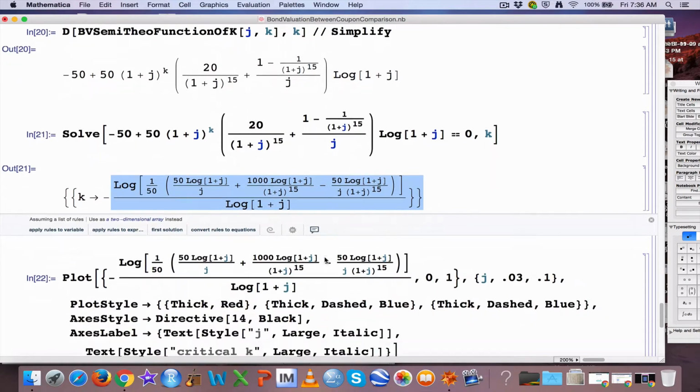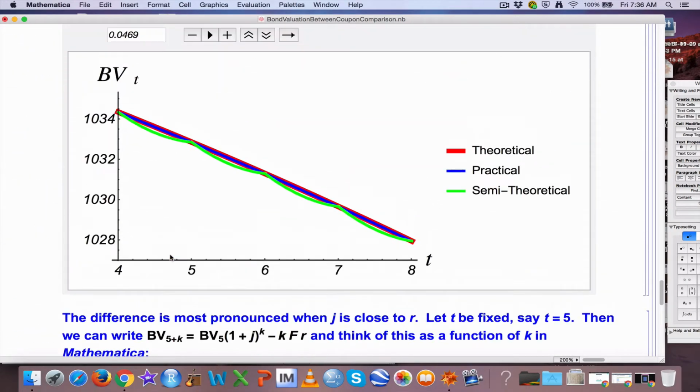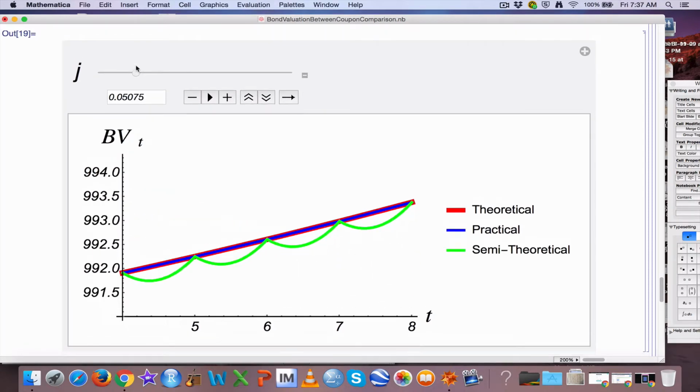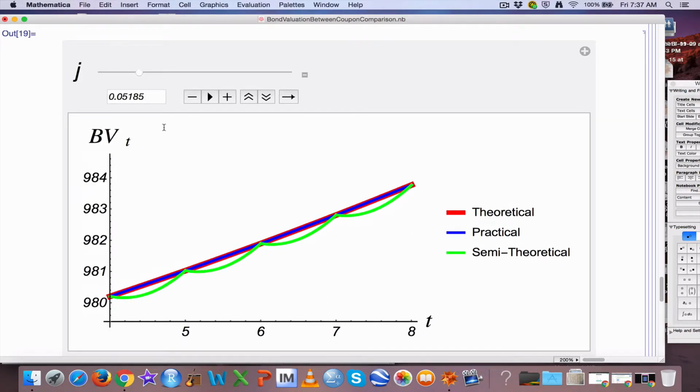Okay, the critical value of k is bigger than 1. We don't see it. On the other hand, when j gets bigger than 0.05, up to about 0.0525, we're continuing to have critical points that are closer to where k is 0. You can see them more over on the left in each of these pieces.